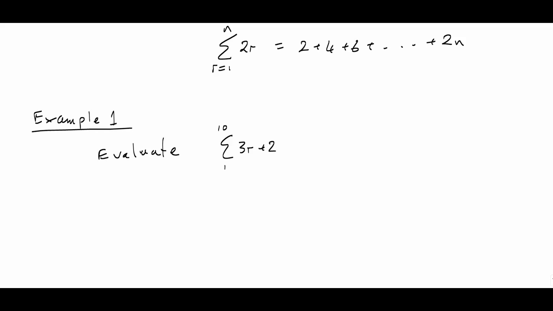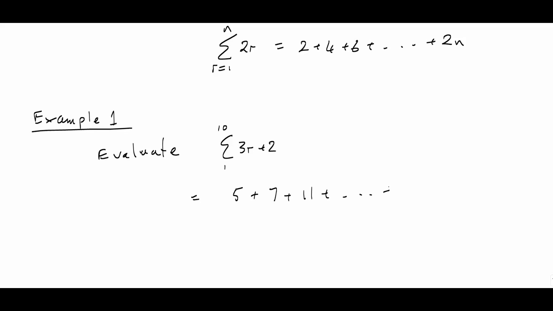First one, evaluate sigma from 1 to 10 of 3r plus 2. So let's start by substituting values into this expression. We start with r equals 1, so that would be 3 plus 2, which is 5. r is 2, that's 5 plus 2, which is 7. r is 3, that would be 9 plus 2, which is 11.